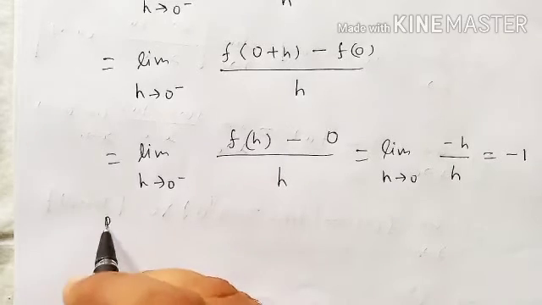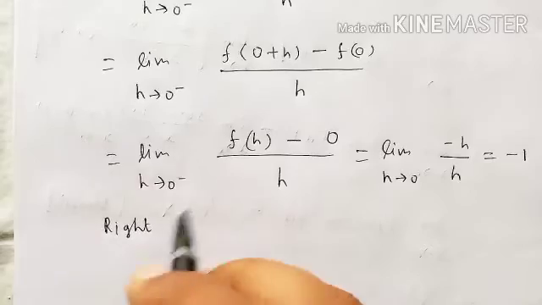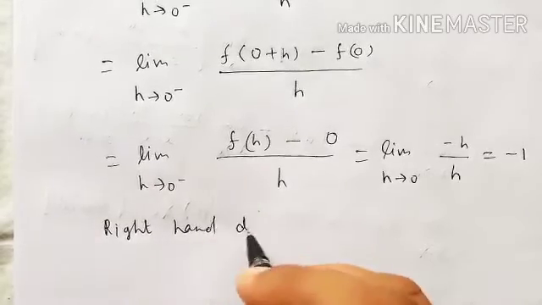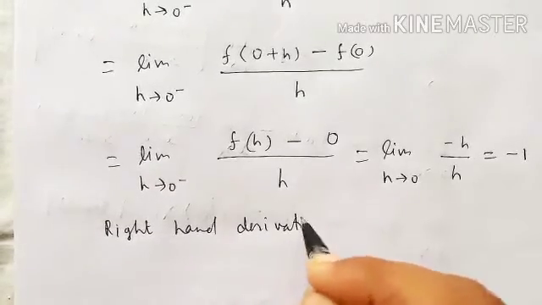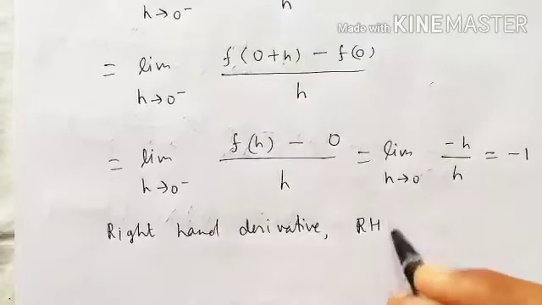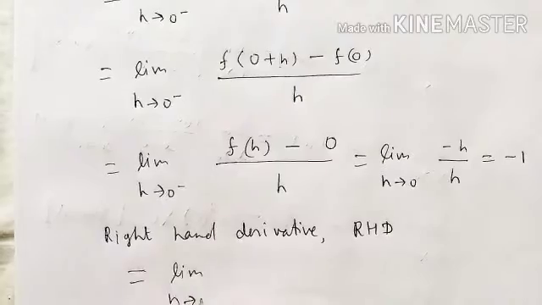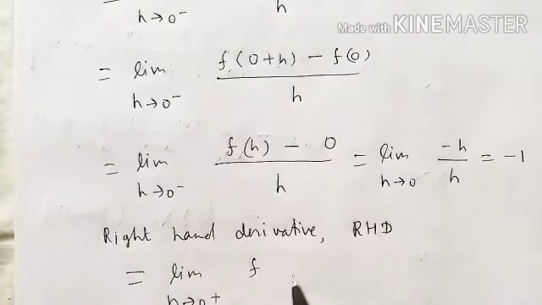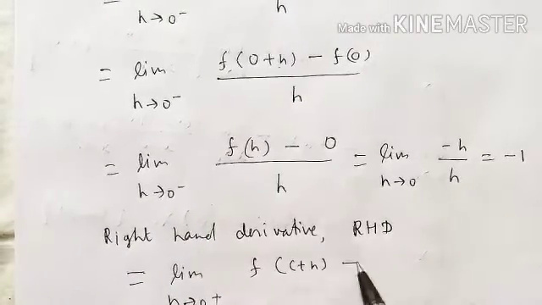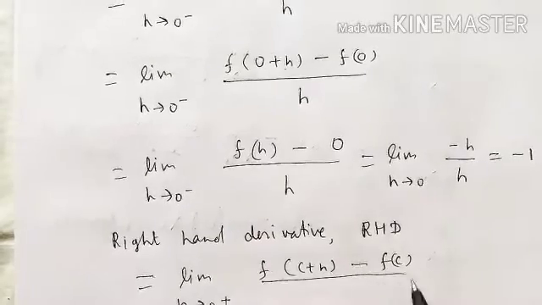Now the right hand derivative, RHD. This is limit h tends to 0 plus of f(c plus h) minus f(c) by h.